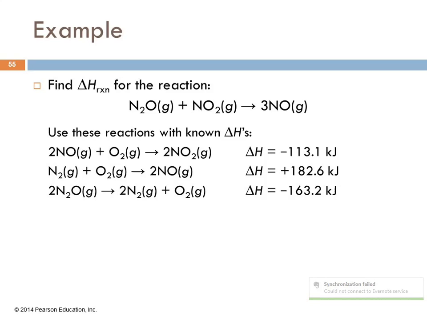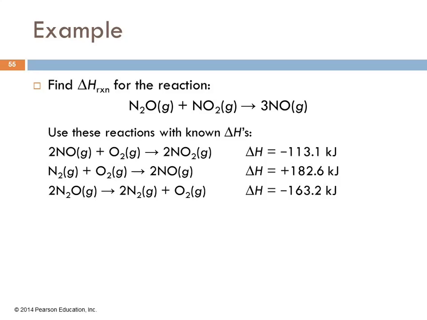So these sorts of problems, I guess if your brain works in a certain way, these are fun, and if your brain works in the other way, I'm guessing they're not so fun. But let's look at this. We're supposed to find the heat of reaction for this reaction.